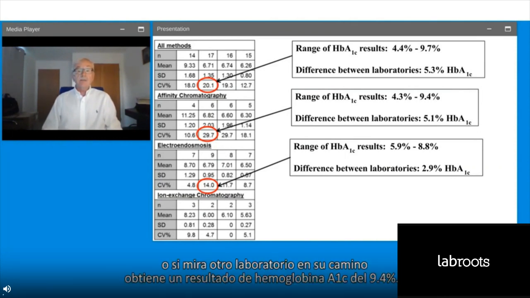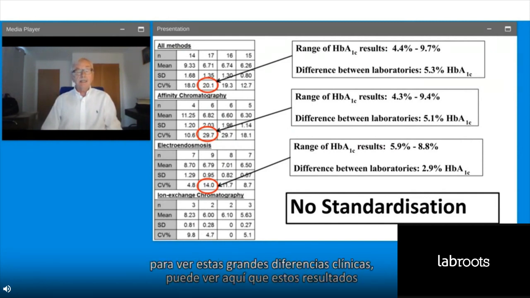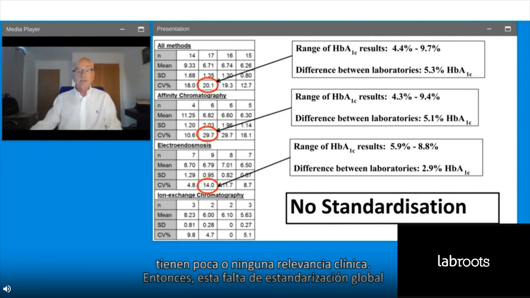Or you went to a lab down the road and you get a result of 9.4% hemoglobin A1C. There was no standardization. And when we're trying to look at differences of 1% to see these large clinical differences, you can see here that these results have little or no clinical relevance.